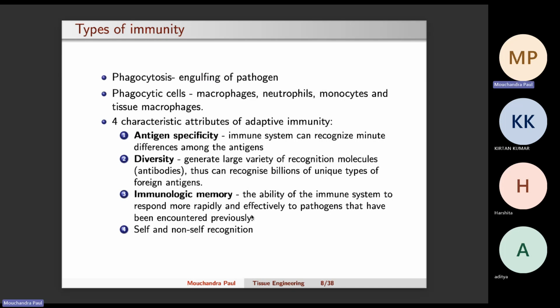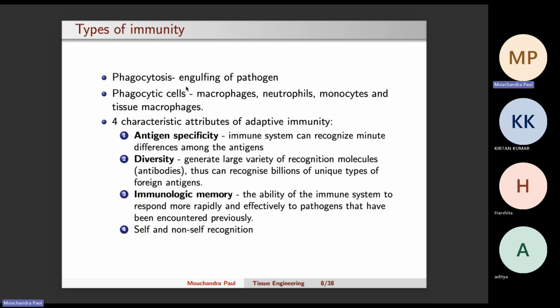Now, most of the cells of innate immunity exercise a mechanism called phagocytosis. And what is phagocytosis? It is a process by which the phagocytic cells can engulf. They extend their membrane in the form of lamellipodia, encase the pathogen, and bring it into the cytosol.